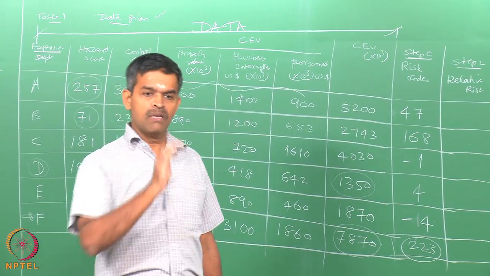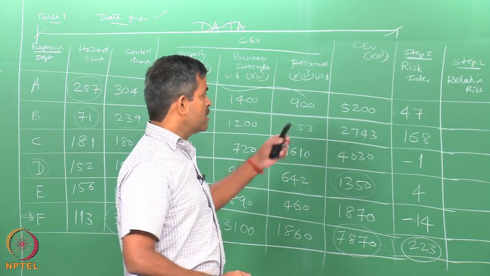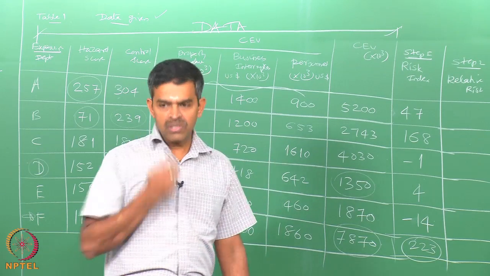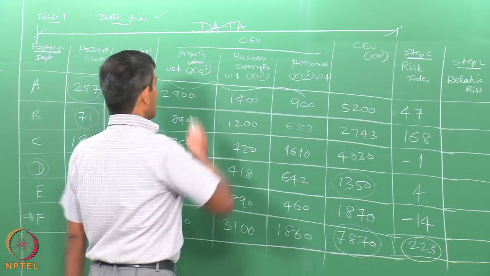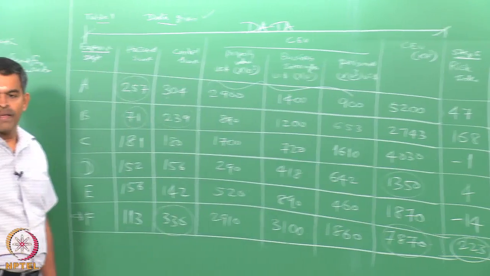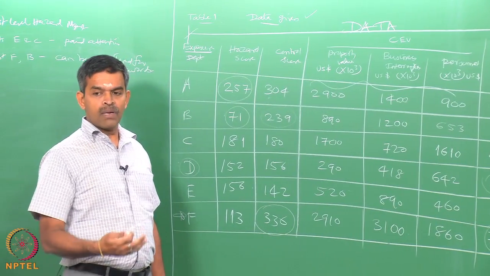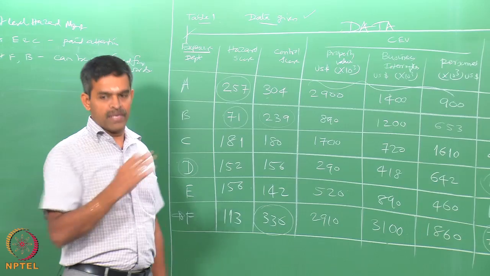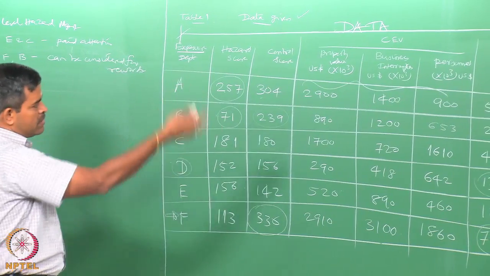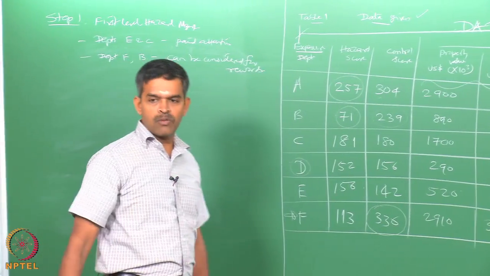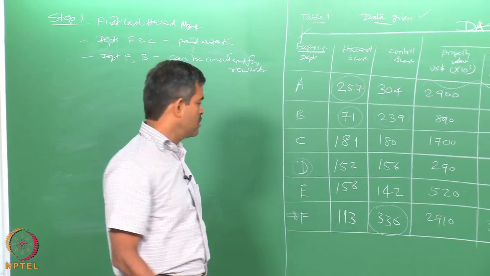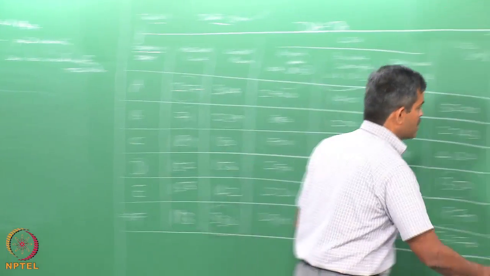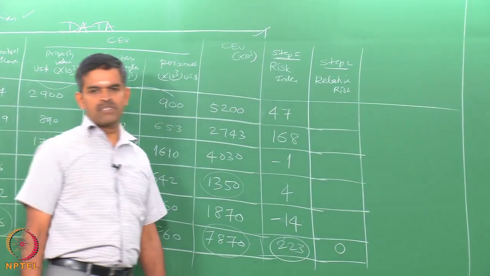The best department is that department whose risk index is maximum positive. Positive indicates the control scores are far superior. Positive number highest indicates the department is the best. If you look at this figure of risk index here, 223 is considered to be the highest positive number in the given data. So, department F is considered to be the base reference department.